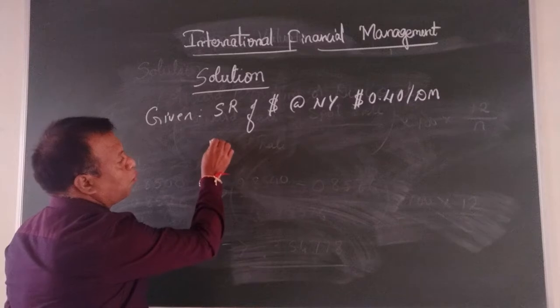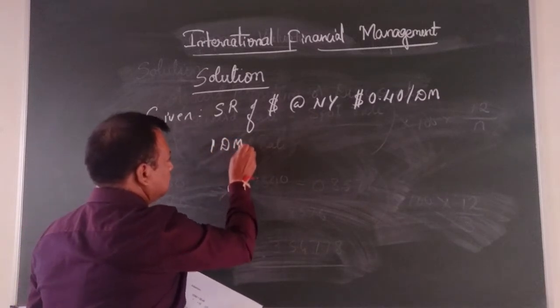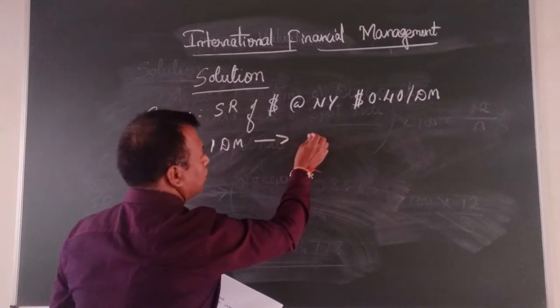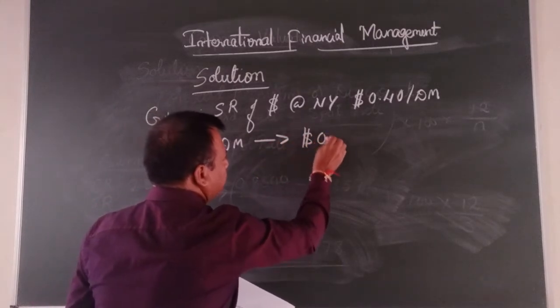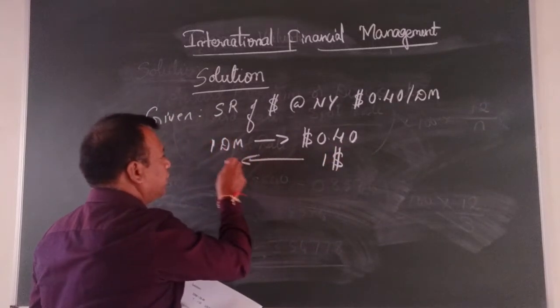That is, we need to find, 1 DM is equal to how much here? $0.40. Now $1 is equal to how much we need to find.